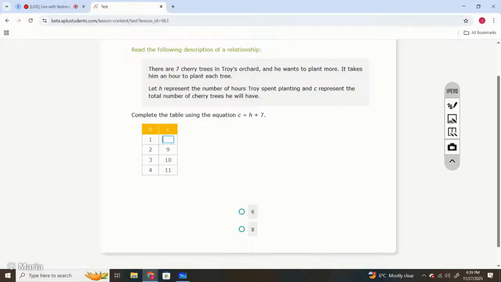Complete the table using the equation C equals H plus 7. So which is the correct option? That is option number 2, 8 it is.